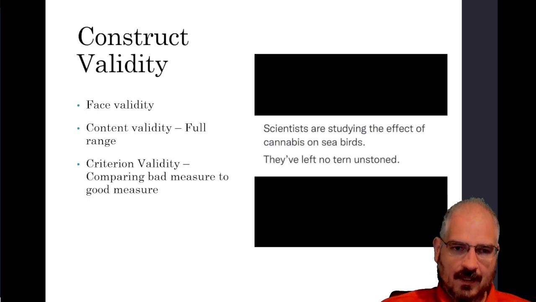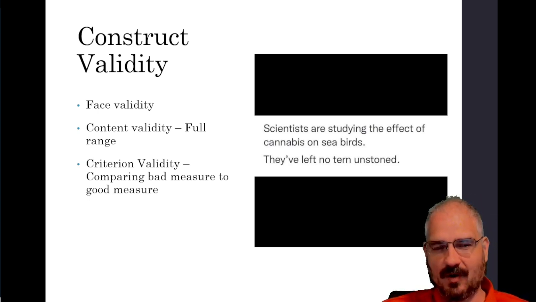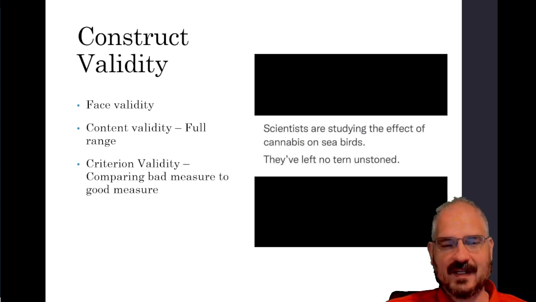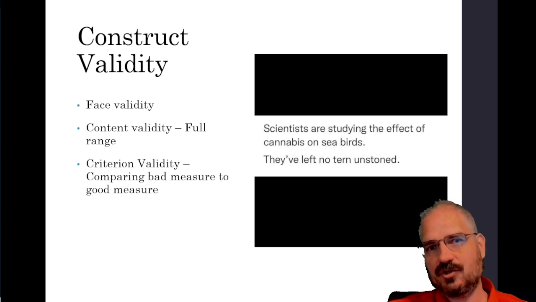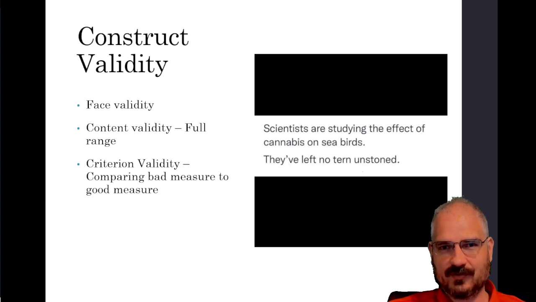Now, we're going to talk just a little bit here about construct validity and some of the subsets of construct validity. So remember, construct validity is all about how you are taking these concepts and turning them into measures and variables, right?